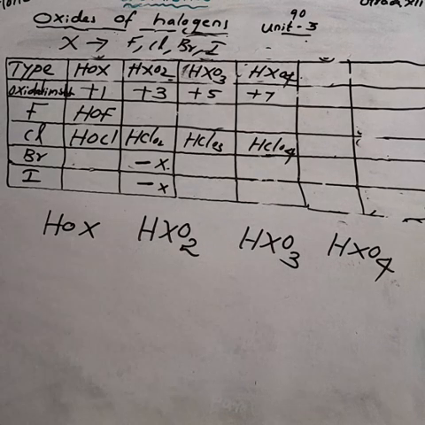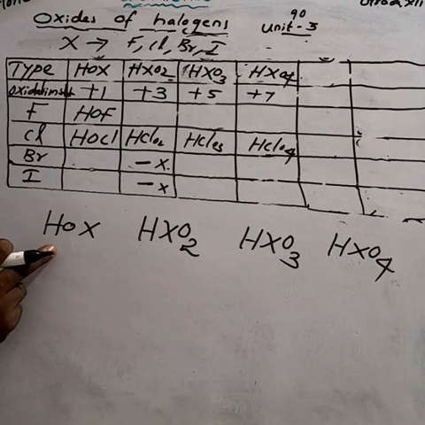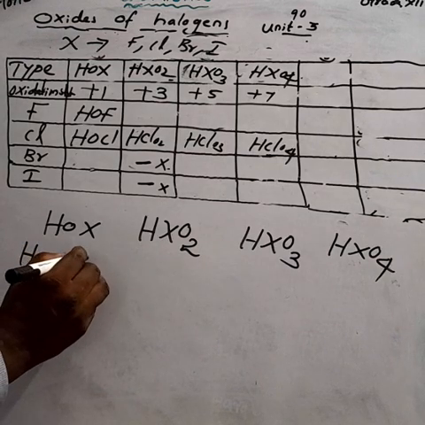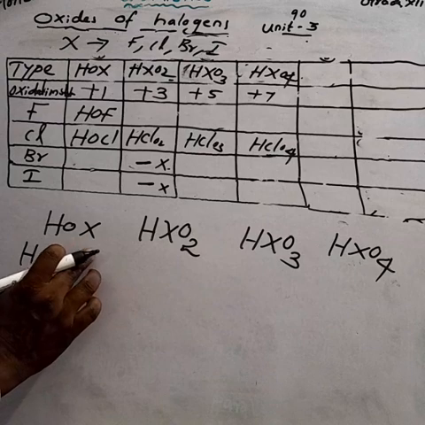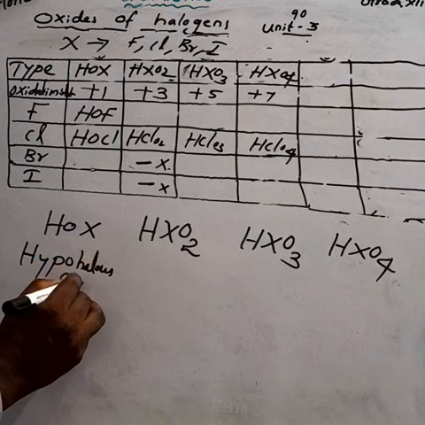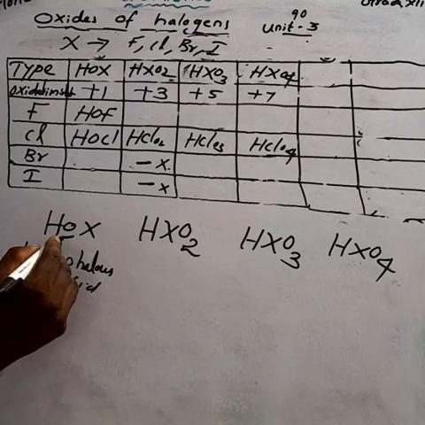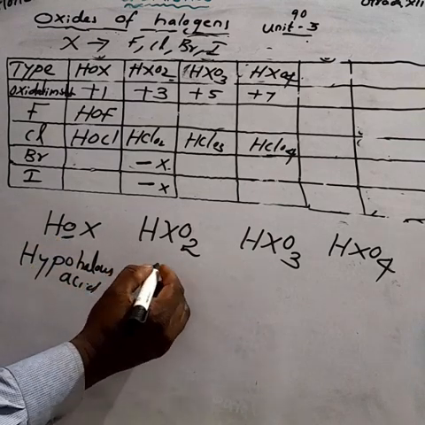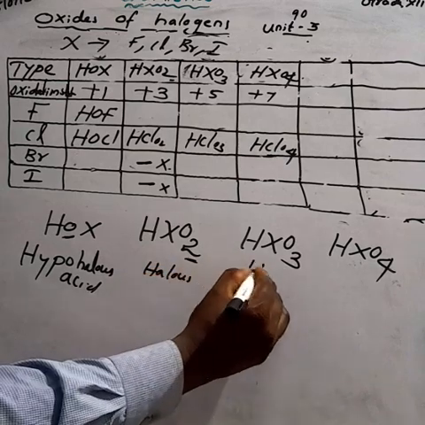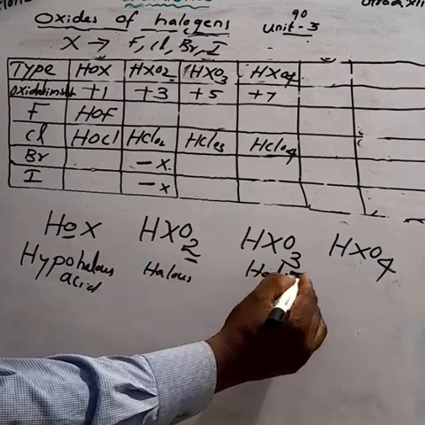Here, hypohalous acid, HOX, has only one oxygen. Second, halous acid contains 2 oxygen. Halic acid contains 3 oxygen.